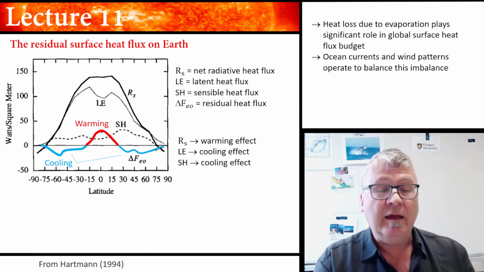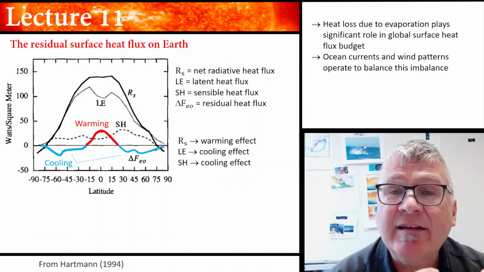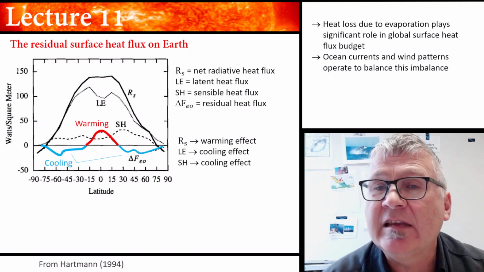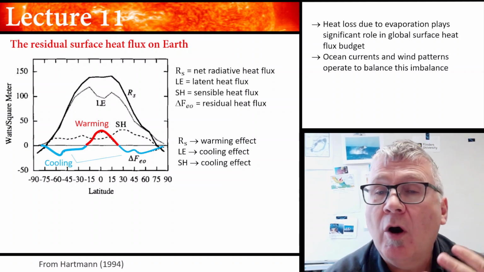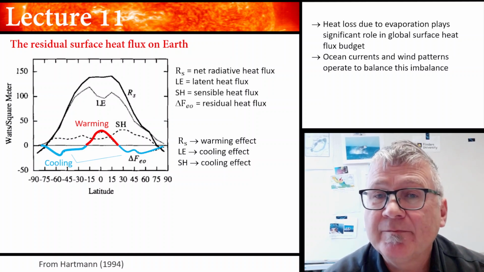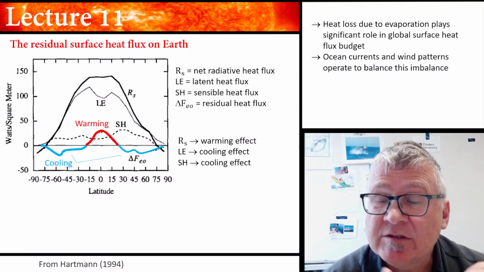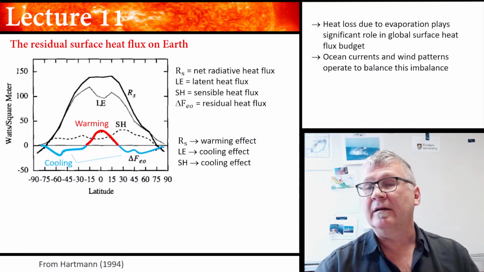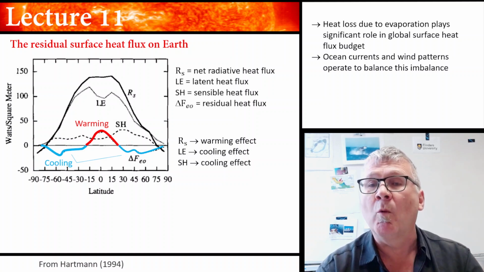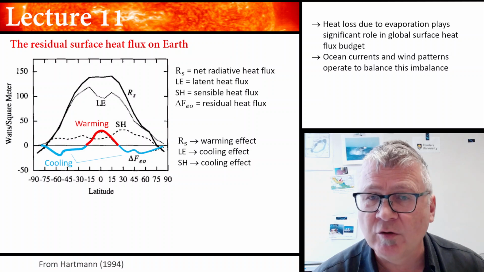This you get on an annual basis, and it actually becomes compensated by both oceanic currents and also wind patterns in the atmosphere. So it is not that the equatorial regions get warmer and warmer, and middle latitude regions get colder.